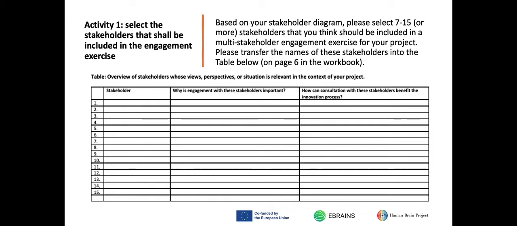As a first step, please transfer the names of these stakeholders in the left column of the table. And then in the other 2 columns, you can clarify why engagement for each of these stakeholders is important. And then in the column on the left, you can clarify or think about how consultation and dialogue with these stakeholders can actively benefit or positively influence the innovation process.